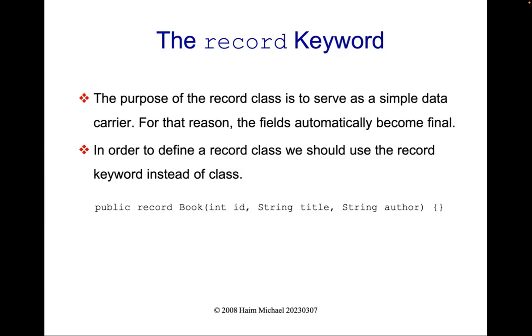In addition, you get those fields defined implicitly as final variables, meaning that it is not possible to change their value. Those fields will also be implicitly private. And in order to allow you to access those fields, there are methods that will be auto-generated for you, as I will show you shortly.